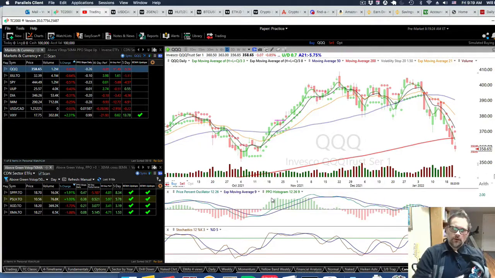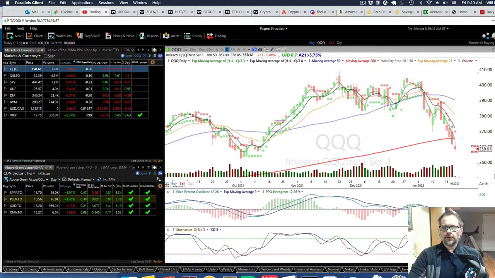What I do with these charts is I have momentum on here, MACD, or price percent oscillator. When you see a crossover, that can be a sign of a reversal, but I like to see it get to the zero line and then above. That's usually where it crosses the 50.